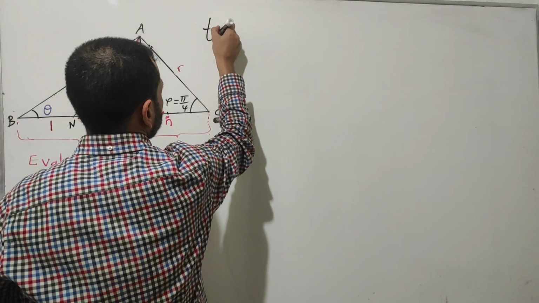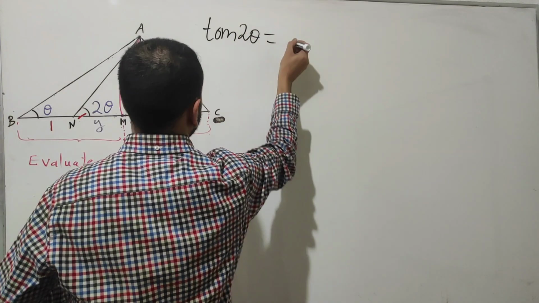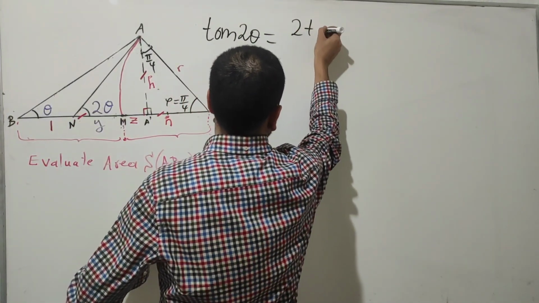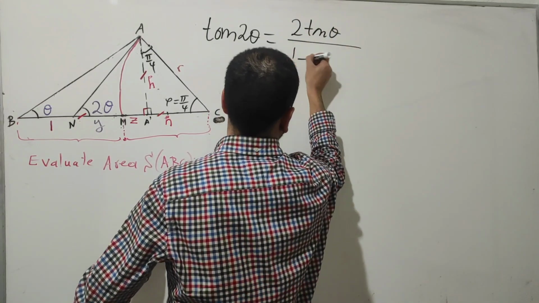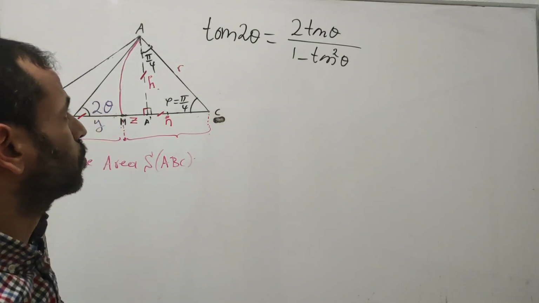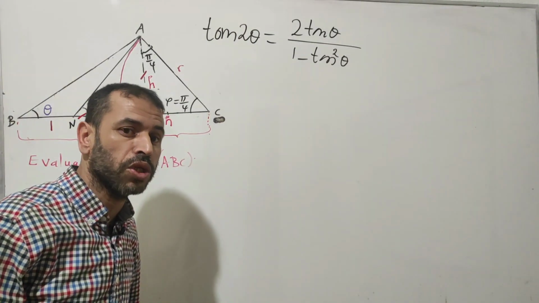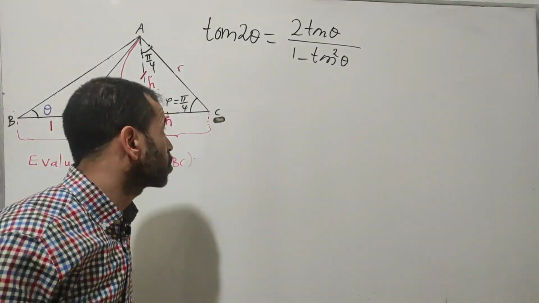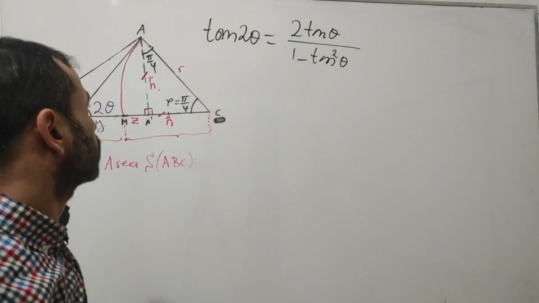We know tangent of double theta is double tangent theta all over 1 minus tangent square theta. It's a well-known formula. We know tangent of x plus y equals tangent x plus tangent y over 1 minus tangent x multiplied by tangent y. So this is the formula that I'm going to apply now.